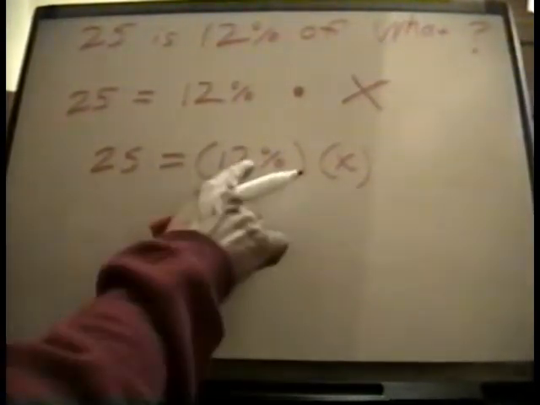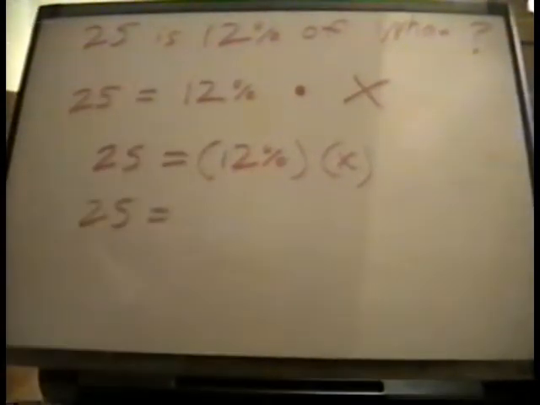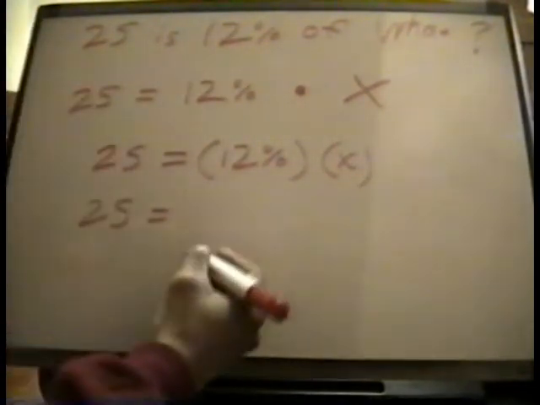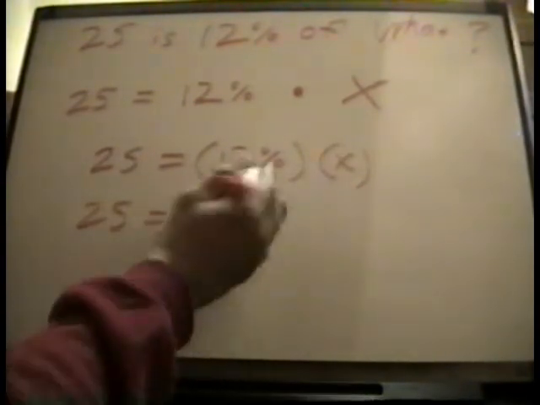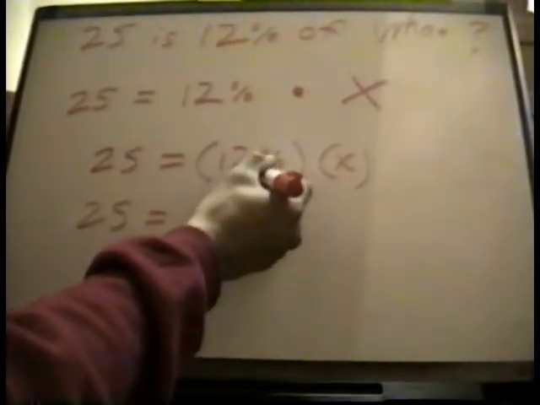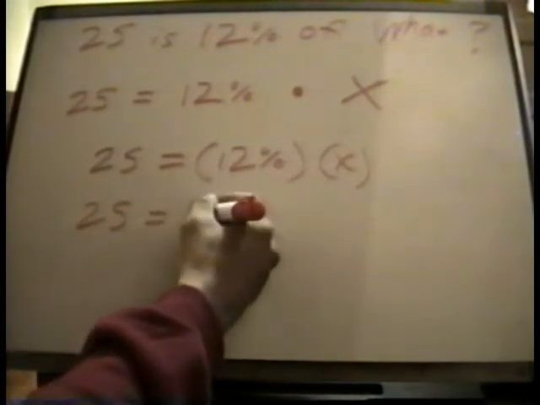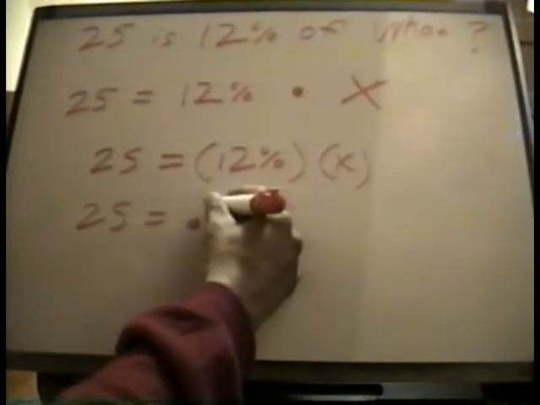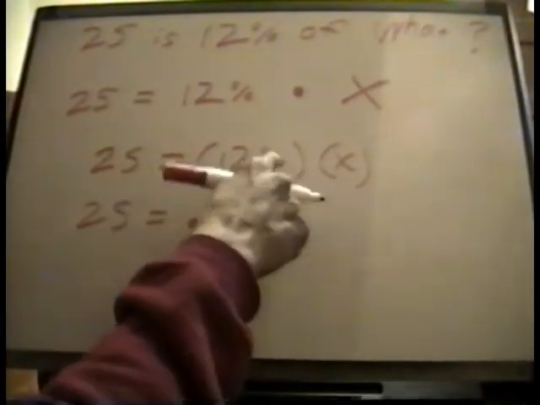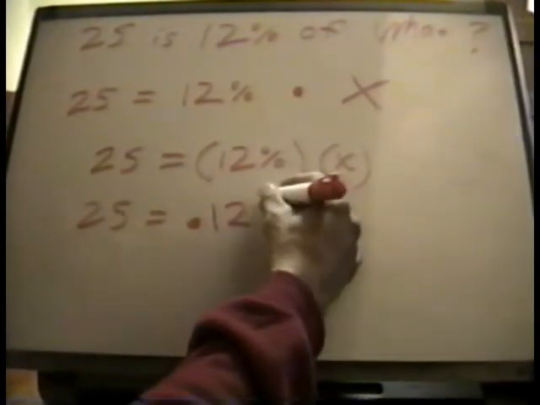But first we have to change the percentage into a decimal number by moving the decimal point 2 times to the left, and you remove the percentage sign. There you have 0.12 times x.